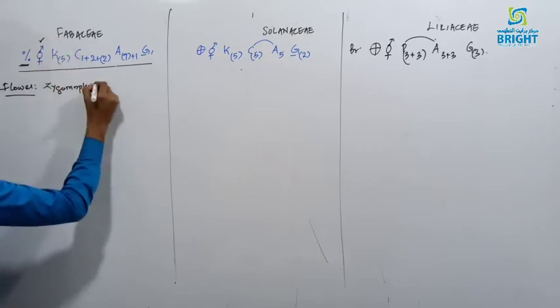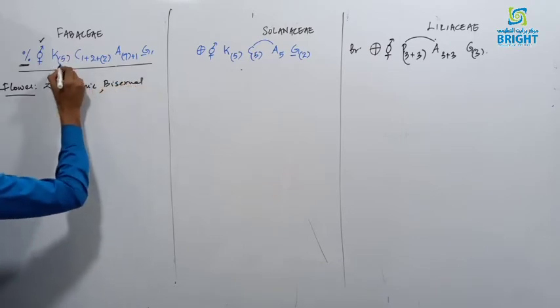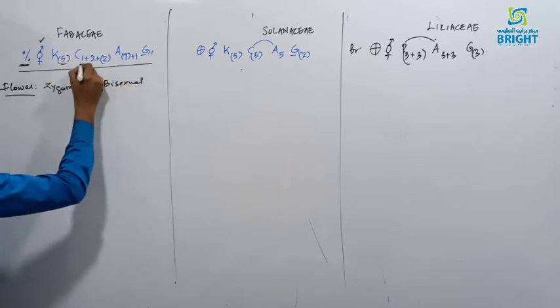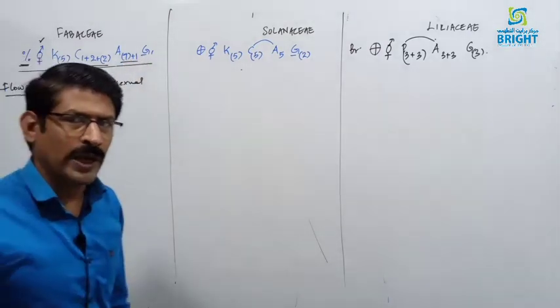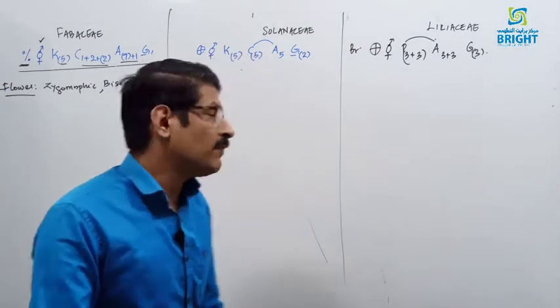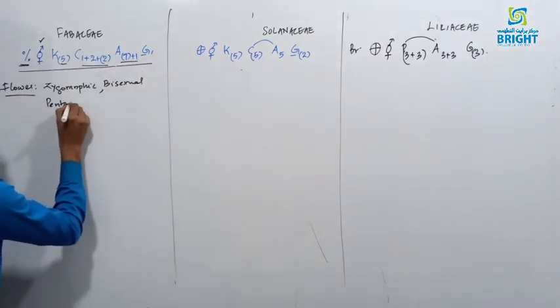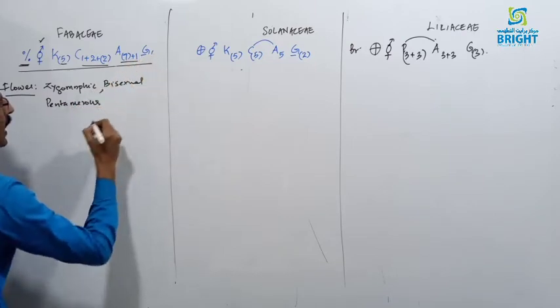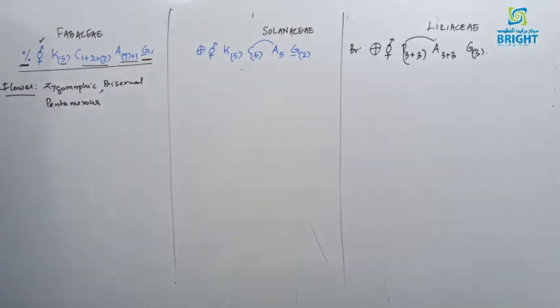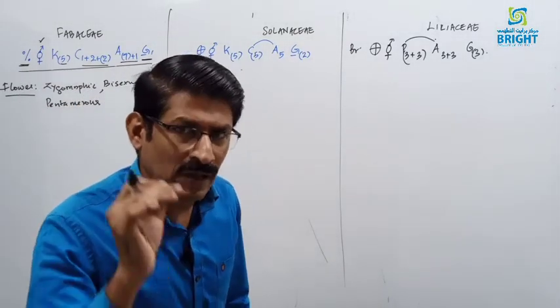Then this is bisexual. And when we observe 5, 5, 10, that is 5 or its multiple, we know that it is a pentamerous flower. So zygomorphic, bisexual, pentamerous, and this underlined is the character of the ovary being superior, but the flower is hypogynous.